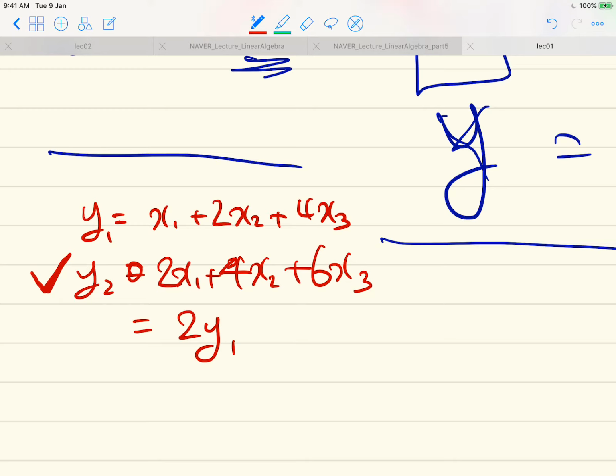Once applying sigmoid, y2 will saturate much more quickly than the first one. So applying those nonlinear units makes those two linear combinations work differently in the subsequent layers.